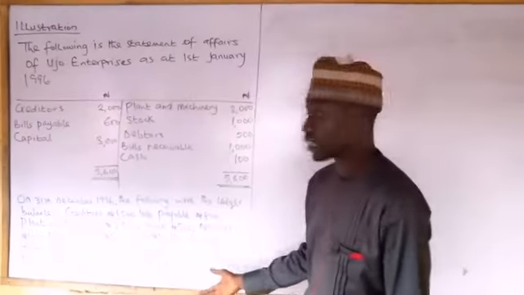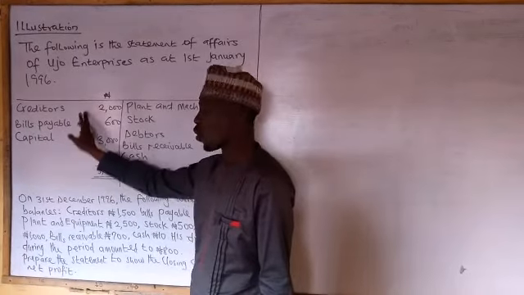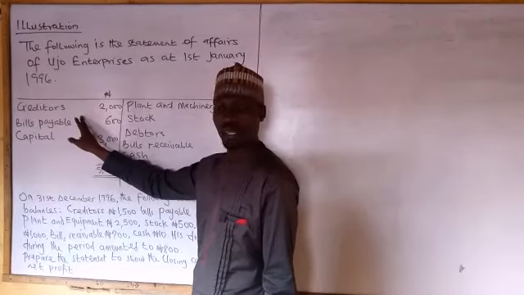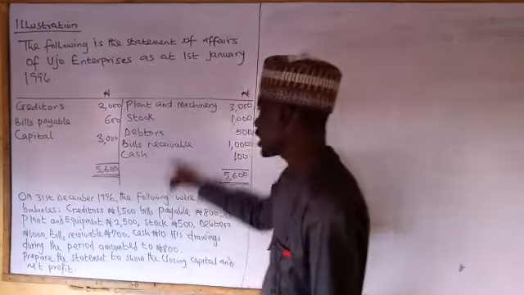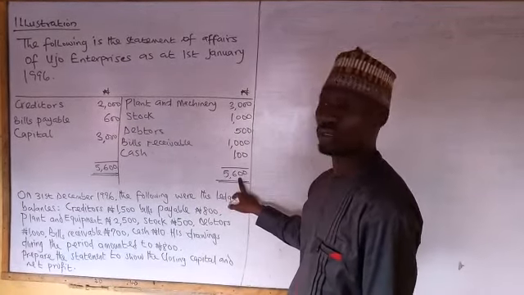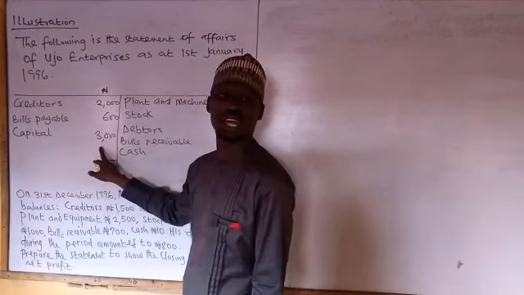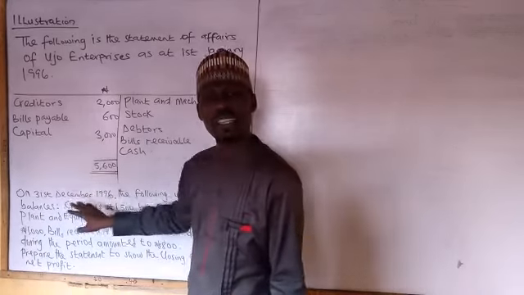Then the liabilities, creditors and bills payable, are liabilities at the beginning of the year. If you take the total assets of 5,600 away from 2,600, we have our capital to be 3,000. Here, the opening capital has been given.